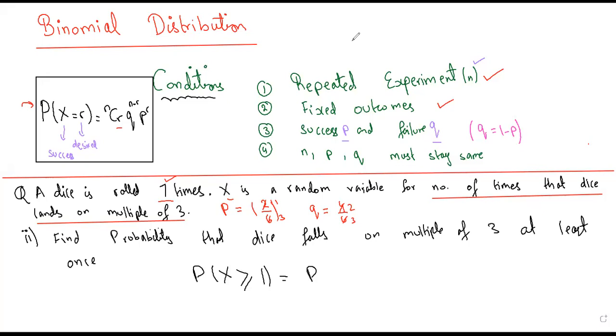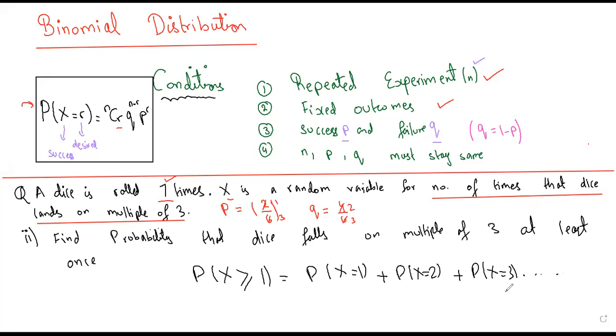Yeah, Zahib, that is 0.3781. So just check if that fraction is same or not, okay? Right, so this is basically x equals 1 plus probability of x equals 2 plus probability of x equals 3 and so on till 7. But this would be a long method of doing it, okay? Yes, you can do it this way as well.